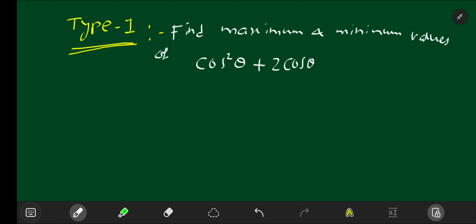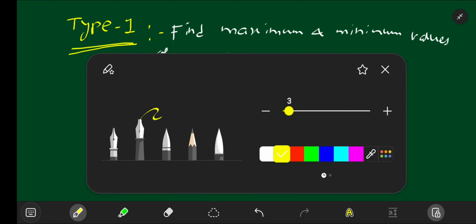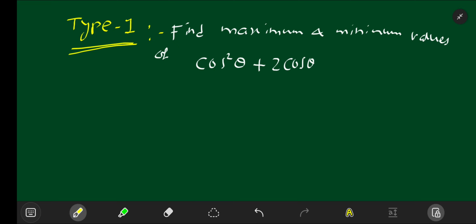First of all, we have to convert this equation into perfect square. This is what we have to do first, convert this given equation into perfect square. How to convert it, we know.